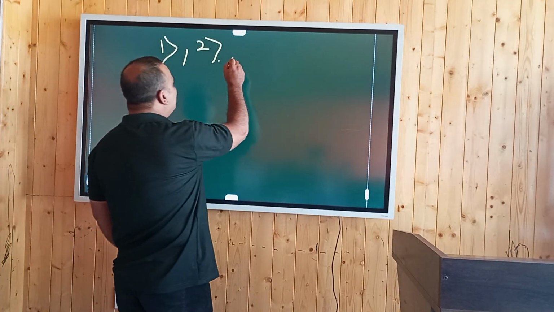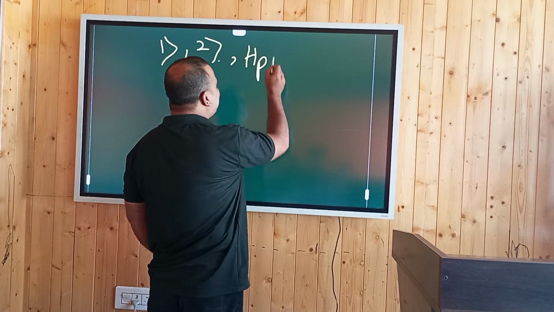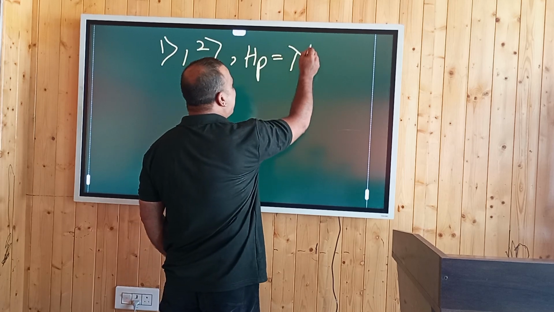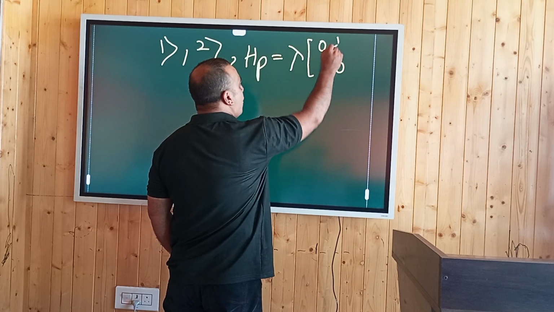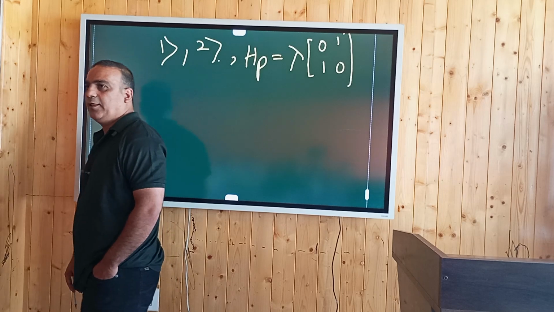Let me assume that perturbation to be HP, and this HP is, for example, lambda times the matrix 0, 1, 1, 0. Okay?